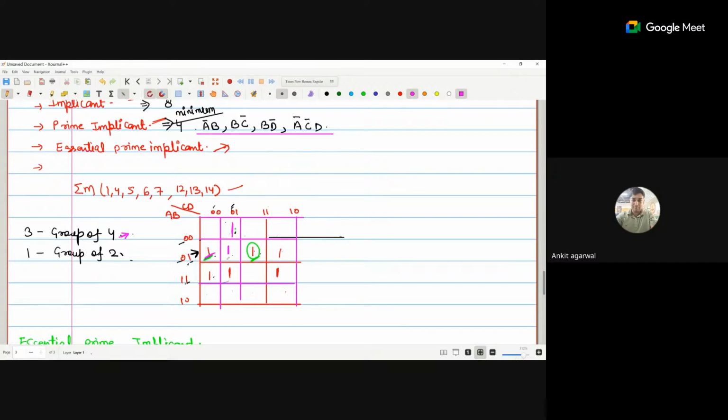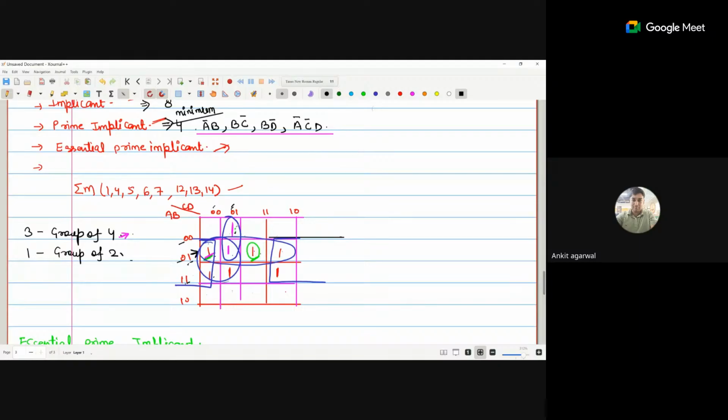Now we consider the first group. The second group is BC bar, a group of four. The third is BD bar. The fourth is this one. So we create four groups.